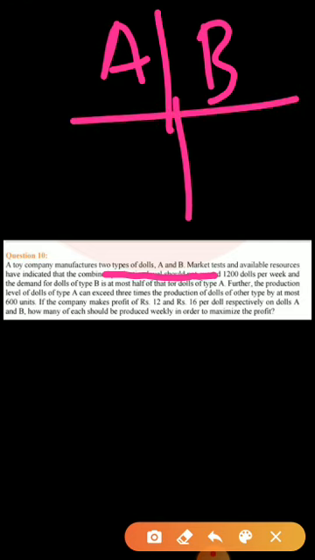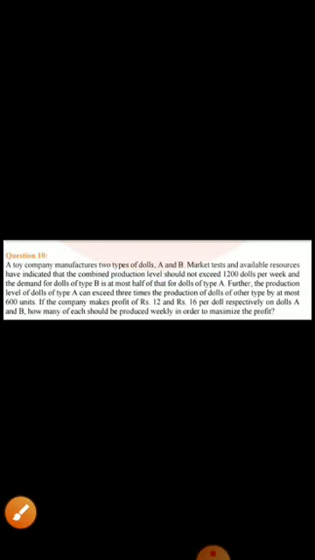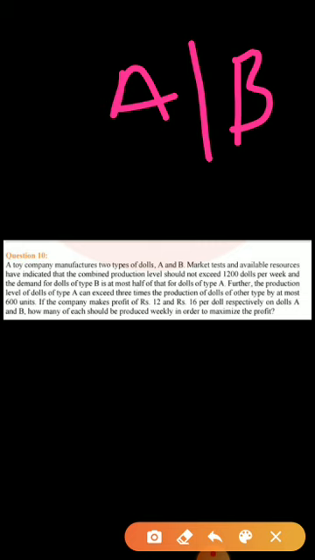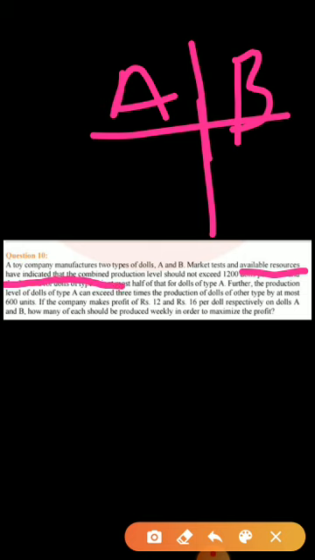Available resources have indicated that the combined production level should not exceed 1,200 dolls per week, and the demand for dolls of type B is at most half of that for dolls of type A. Combined means combining both productions; that should not exceed 1,200.